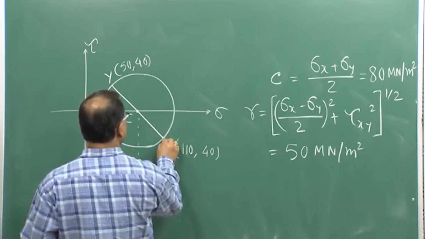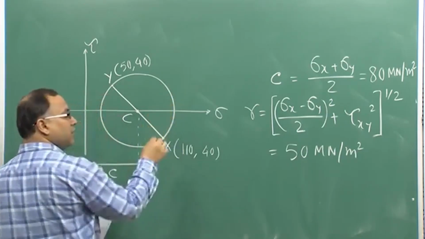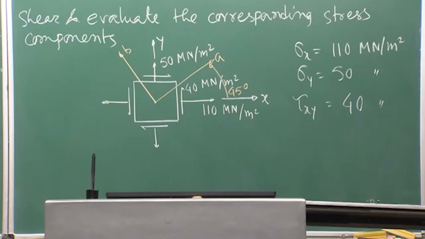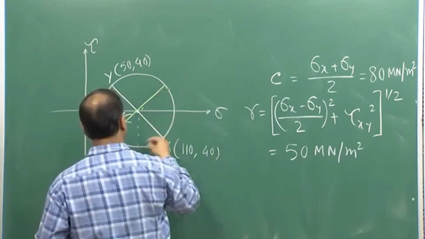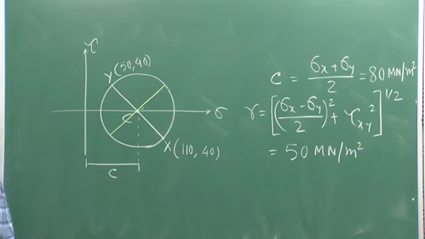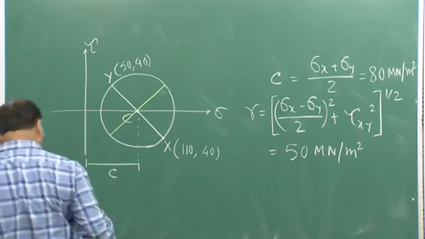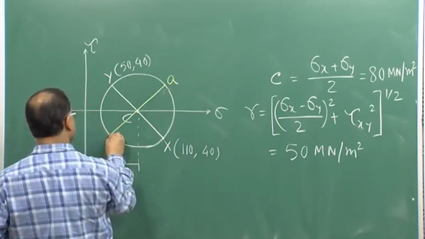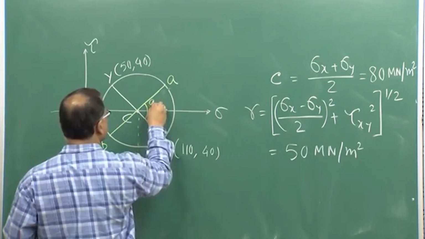So, from x point I have to rotate 90 degree, in the anticlockwise direction to get plane A. So, that is nothing but, so this is your A and this is your B, and this angle is 90 degree.